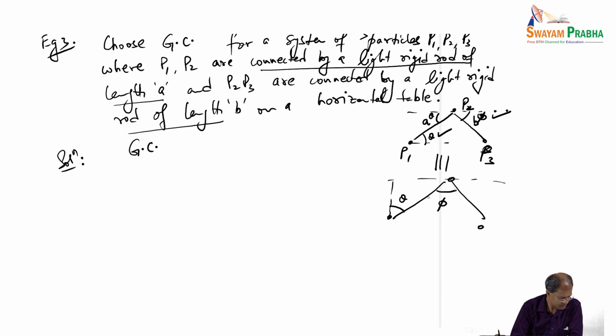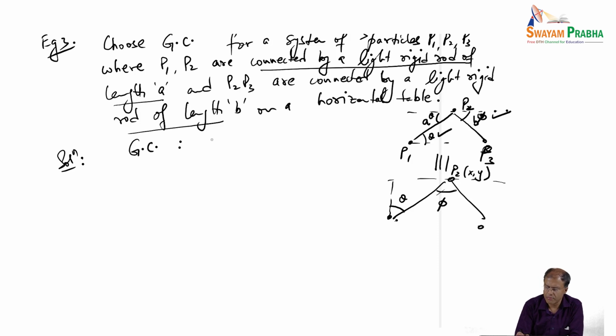And also, what else are we given? I think we are not given the position coordinates. So we also have to take one of the coordinates of the particle. Let's say P2 has a coordinate x comma y. The moment we fix one of the coordinates of the particle, the other two particles are already connected by light rigid rods, so those lengths are fixed.